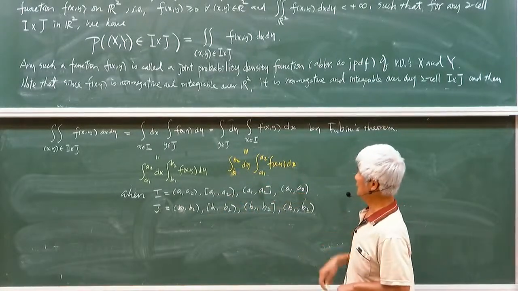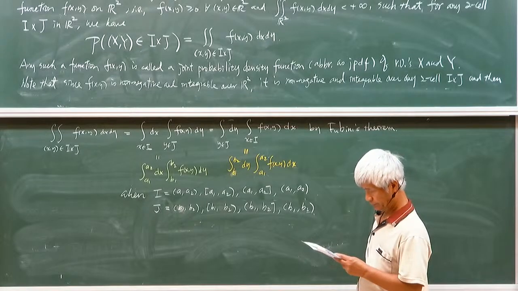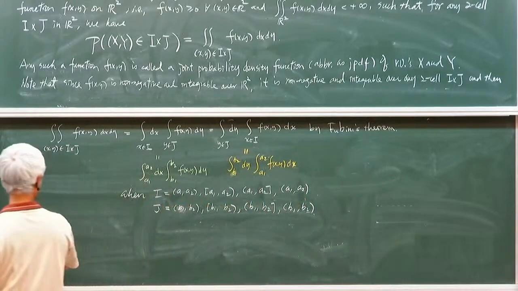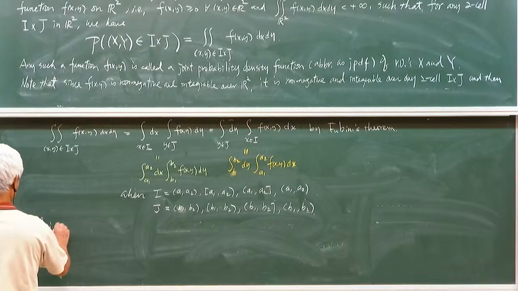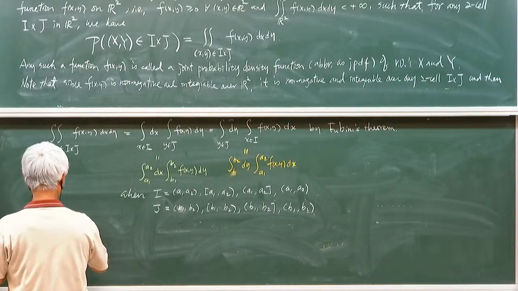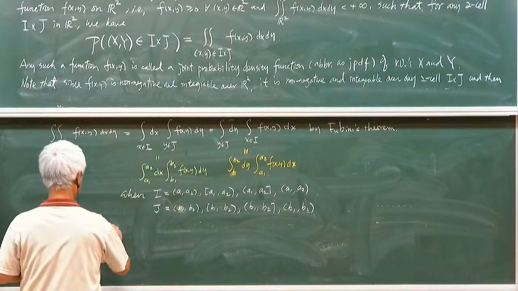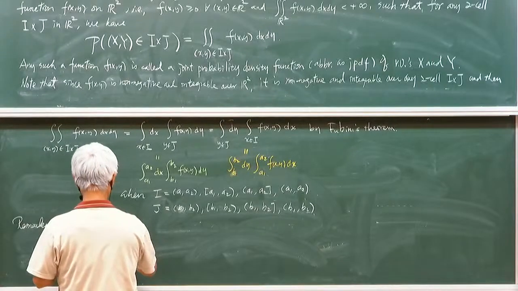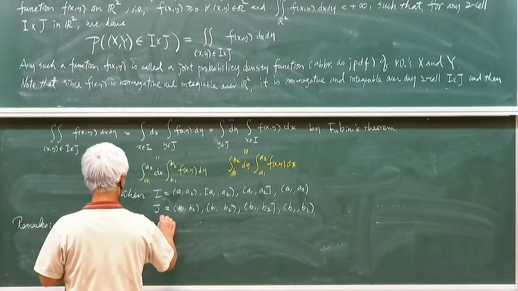All right, and we make several remarks. First of all, we know the total event has probability 1, and so this is equal to the probability that the random vector is in R2.